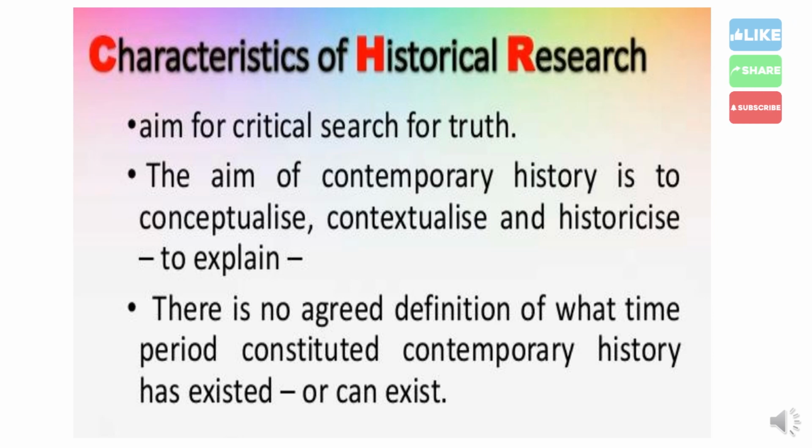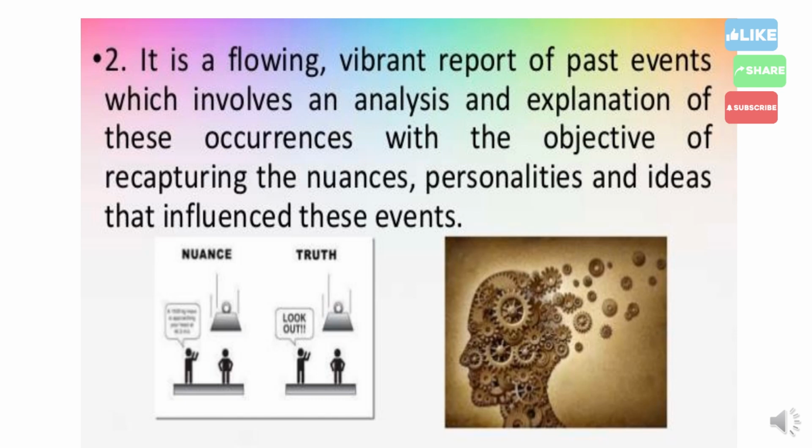It is a flowing, vibrant report of past events which involves an analysis and explanation of these occurrences with the objective of recapturing the nuances, personalities, and ideas that influenced these events.